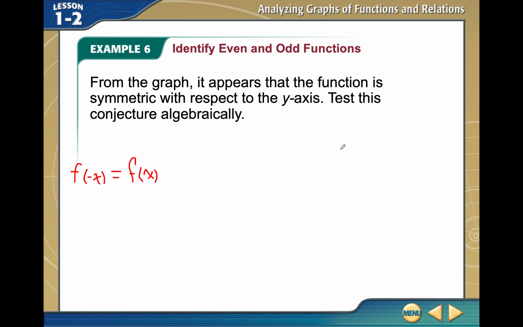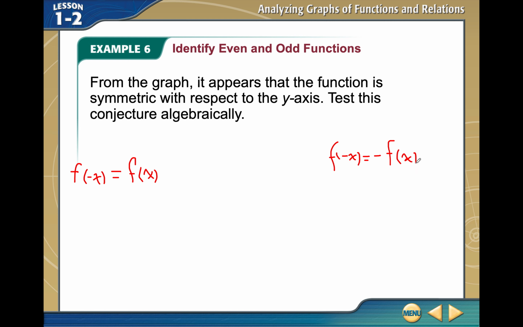And it is odd when f of minus x is exactly equal to the negative of f of x.